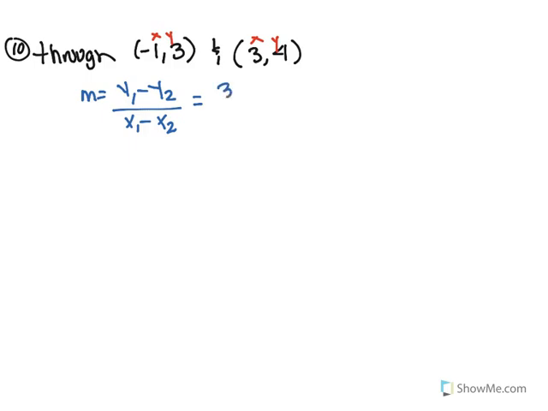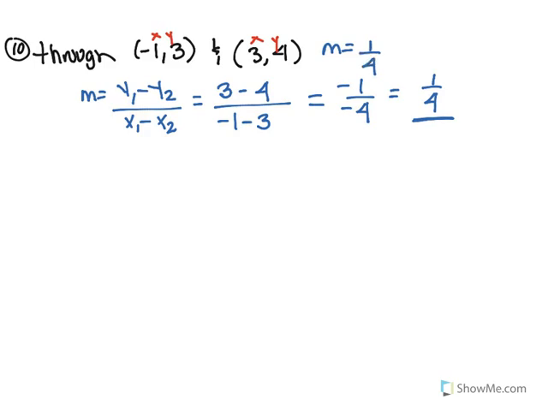So that's going to give us 3 minus 4 on top and -1 minus 3 on the bottom, which is -1 over -4, which just reduces to a what? A positive 1/4. Does everyone see that? Your m is positive 1/4.